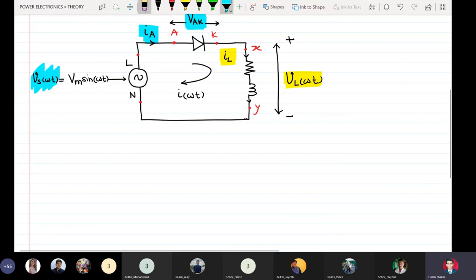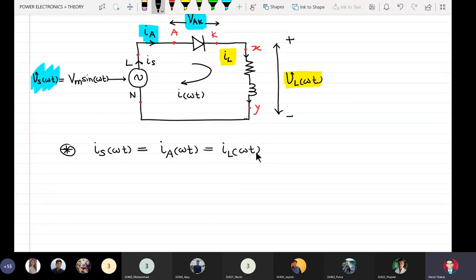This is the source current IS. So I can write down the source current IS of omega t is equal to the diode current IA of omega t, which is also equal to the load current IL of omega t.